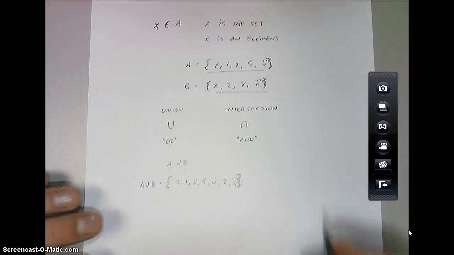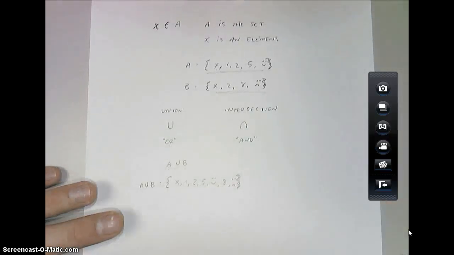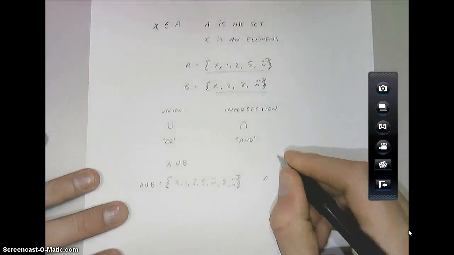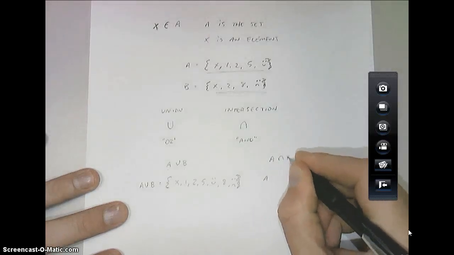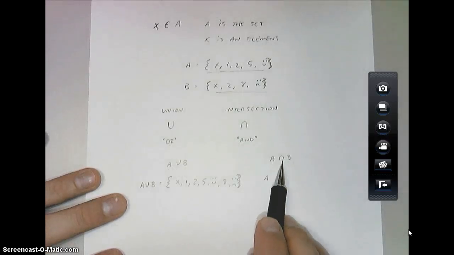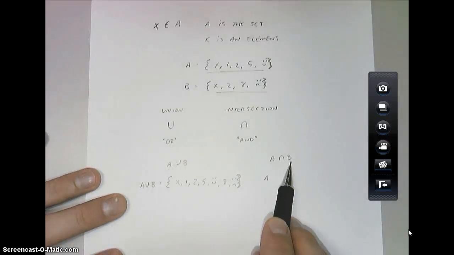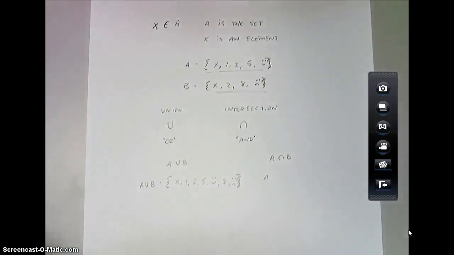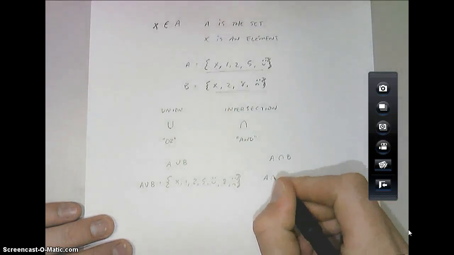All right? That was the union, everything that's in A or B. If I want the intersection, so A intersect B, I want to know everything that's in A and in B. Okay, so for the intersection, it's the things that are contained in both of them.